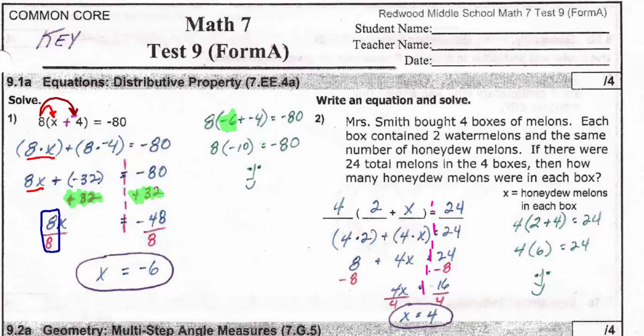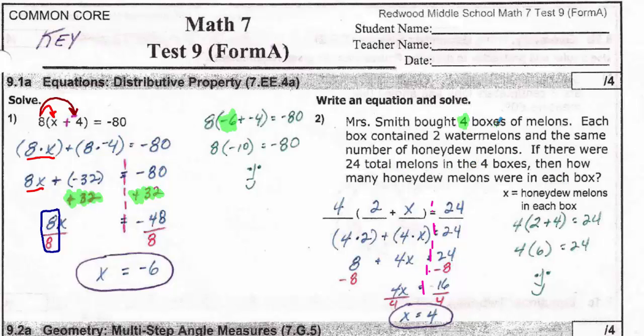Problem number 2. Mrs. Smith bought 4 boxes of watermelons. Each box contained 2 watermelons and the same number of honeydew melons. If there were 24 melons in total in the 4 boxes, how many honeydew melons in each box?